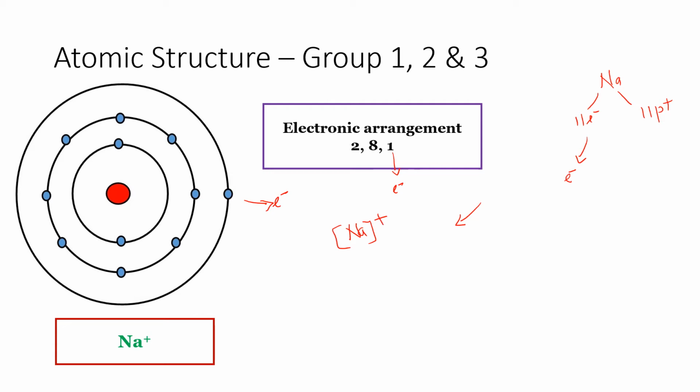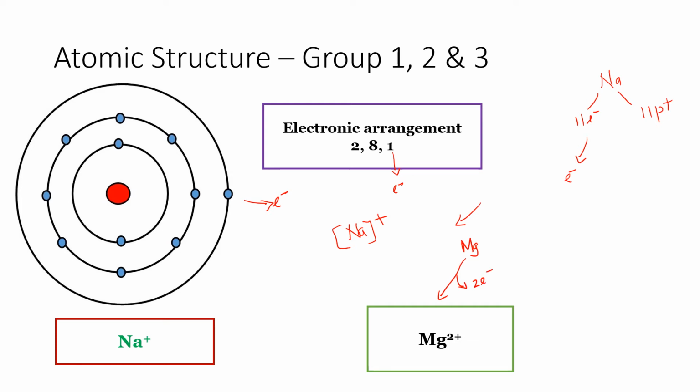In the same way, group 2 elements have 2 electrons on their outer shell. It is easier to lose 2 electrons than gain 6 to fill the shell. Therefore, these elements get 2 positive charge. Example, magnesium loses 2 electrons and becomes Mg2+.